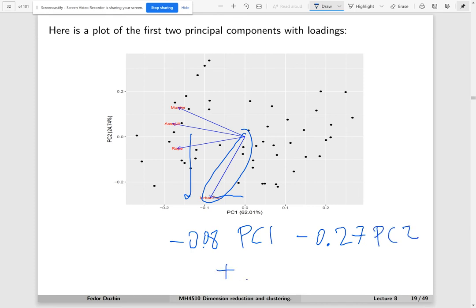But there is also some coefficient for principal component 3, and some coefficient for principal component 4, and they're just not shown in this plot.